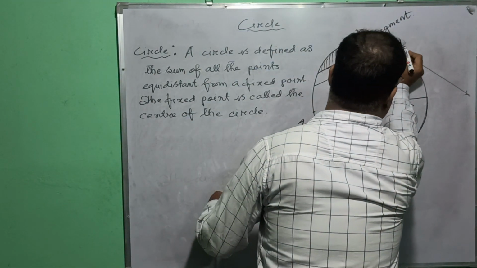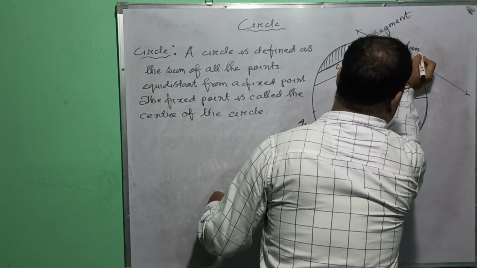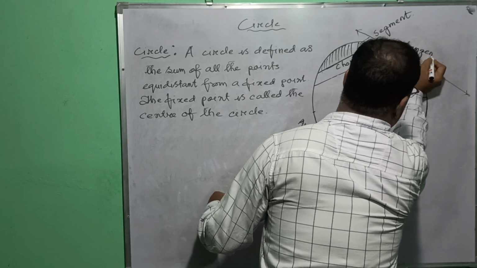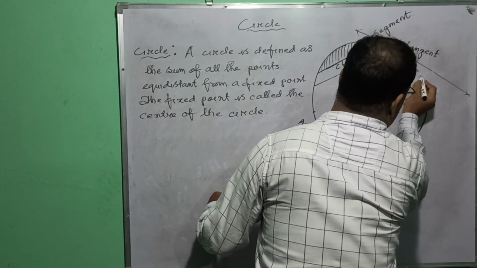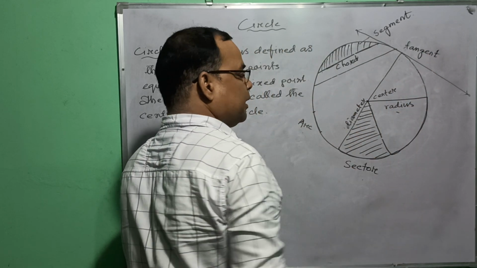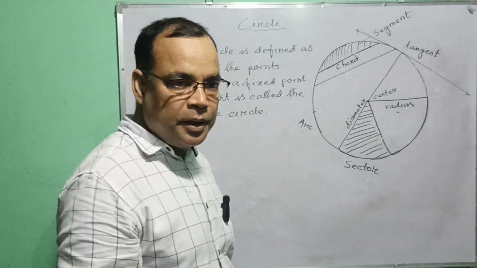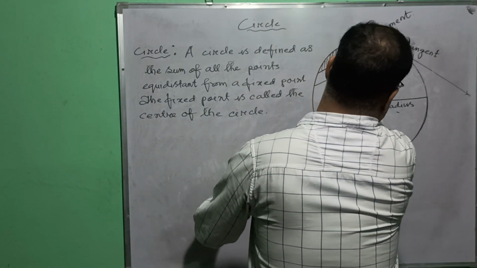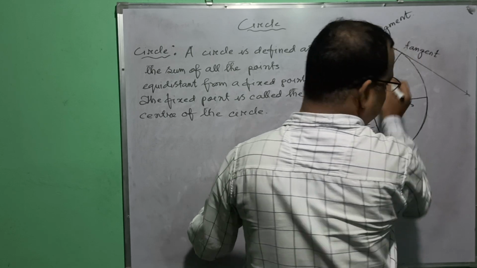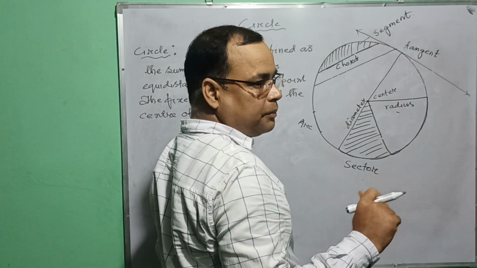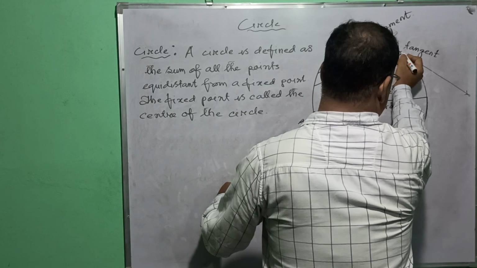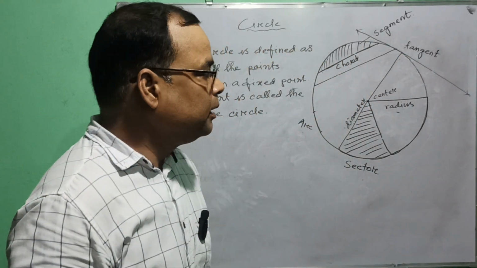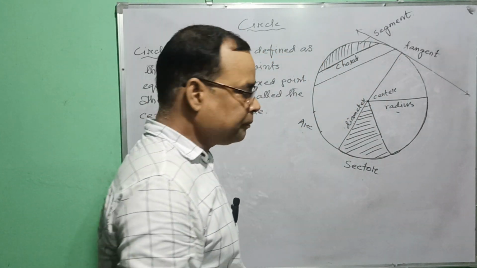So this line is called the tangent of the circle. From any point we can draw the tangent, but only to remember is that the tangent should be like that. It is touching only one point of the circle, and this point where the tangent is touched is called point of contact.